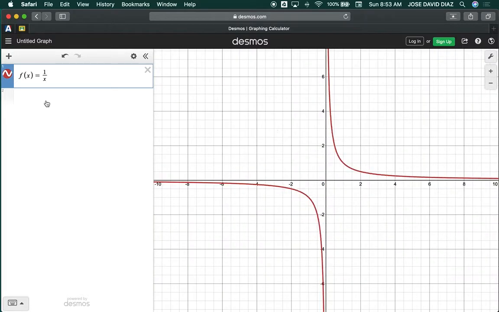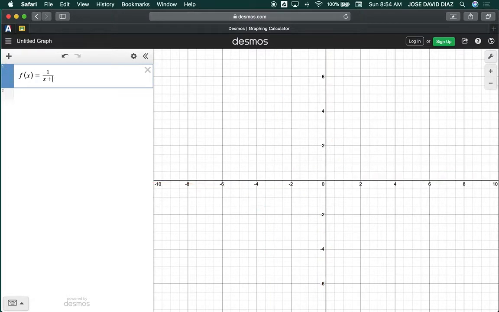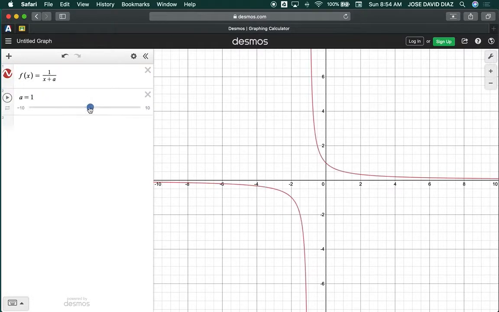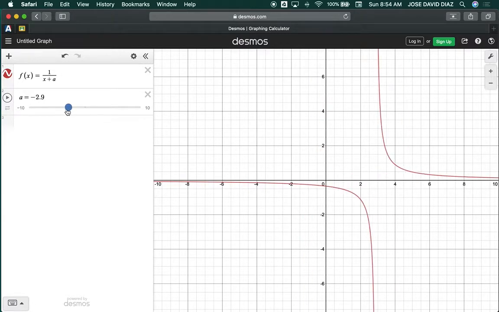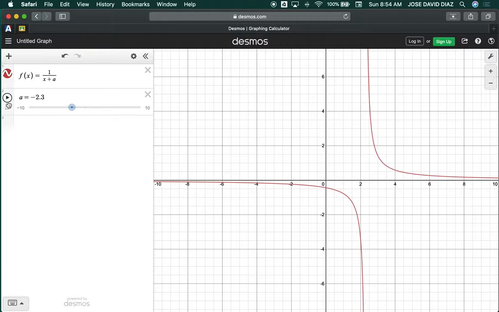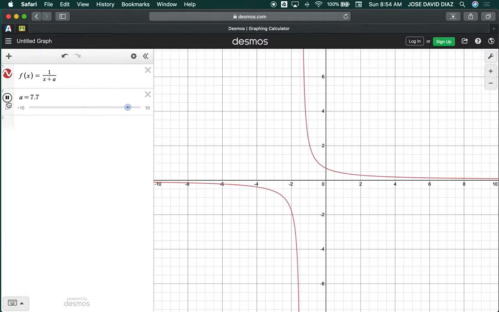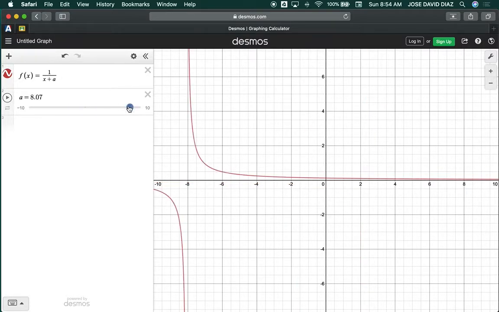For the second, whenever you think about a +3, you can just think about shifting the graph to the left 3, right? So if I do an a here like we've done before, we're still shifting the graph to the right and to the left.